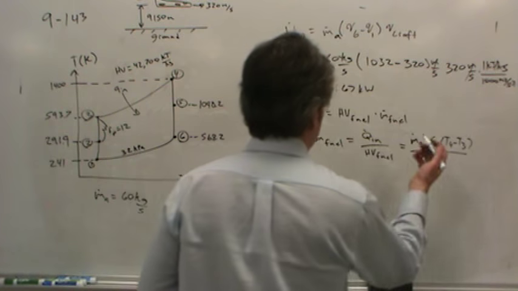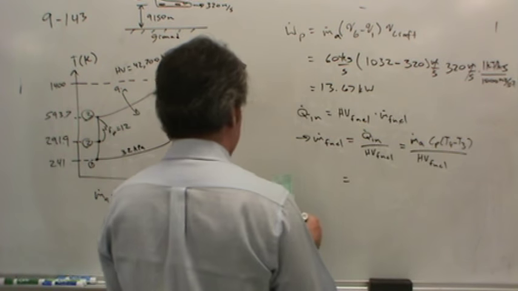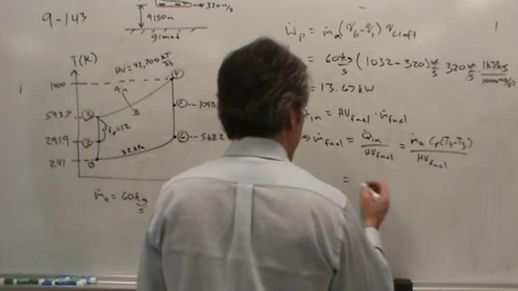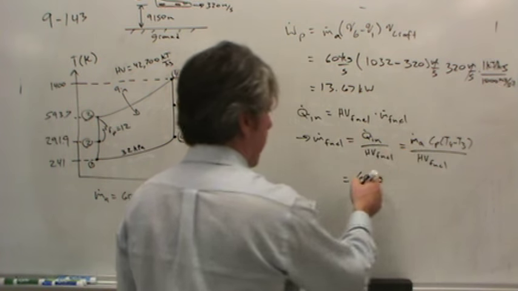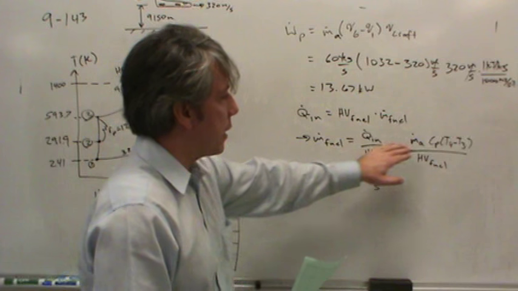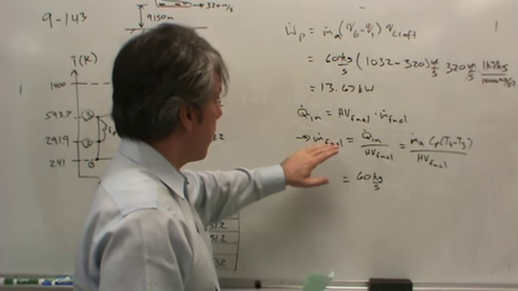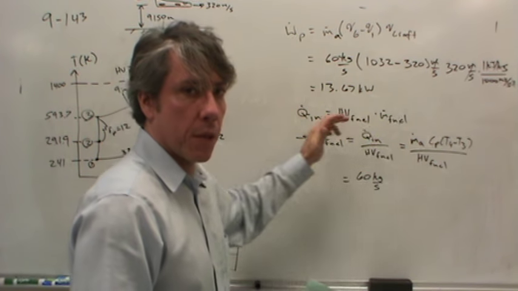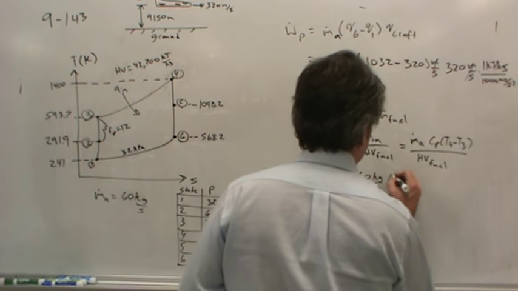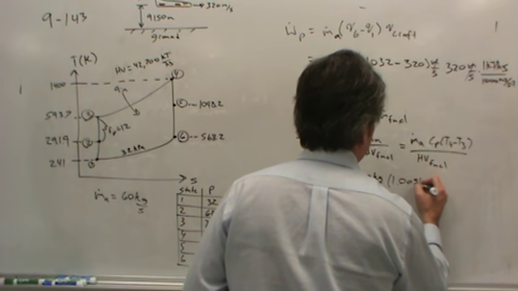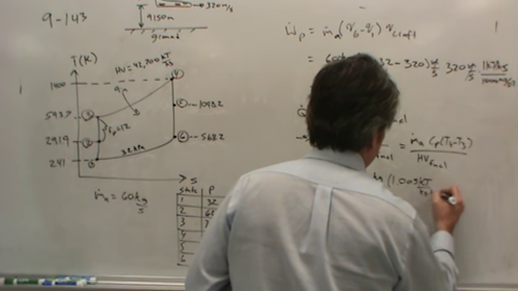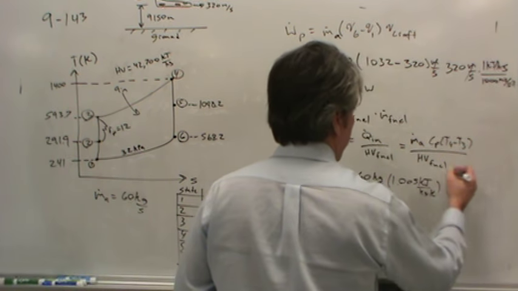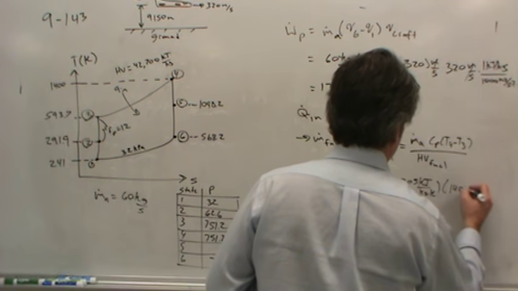That's its job. Okay? So finally, plugging in all the numbers, we've got 60 kilograms per second of airflow. You have to be careful. We've got two mass flow rates here. One is the mass flow rate of the air, the other is the mass flow rate of the fuel. You need to not get them confused. The heat capacity of the air is 1.005 kilojoules per kilogram per Kelvin. And T4 is 1400 Kelvin.